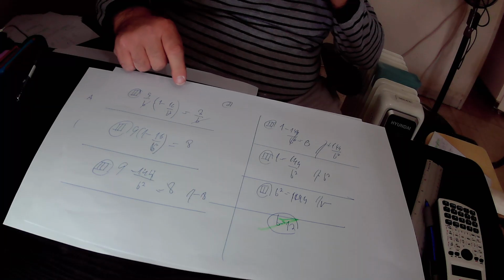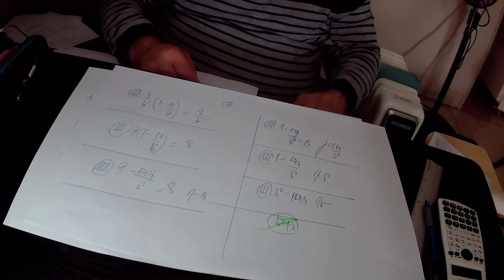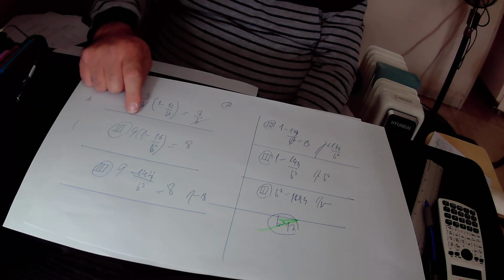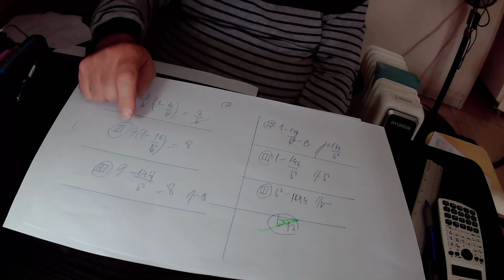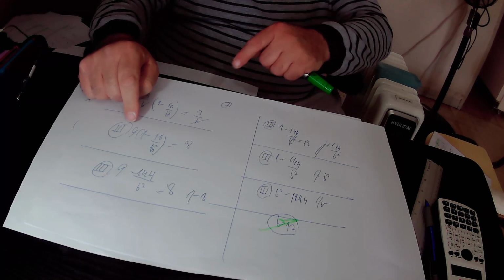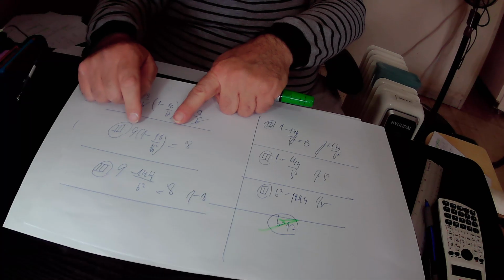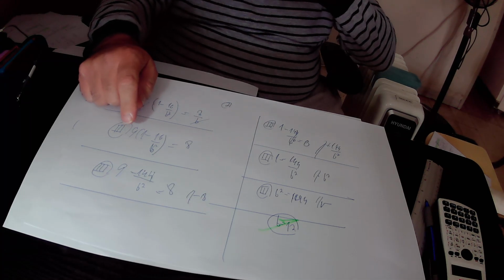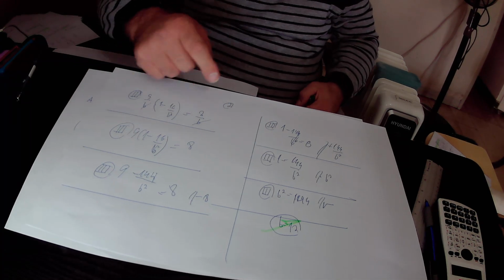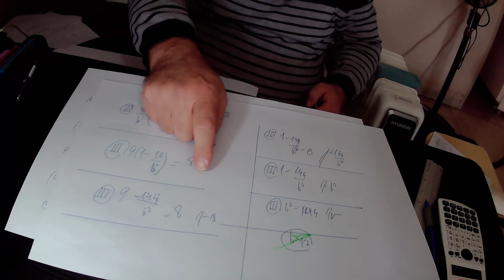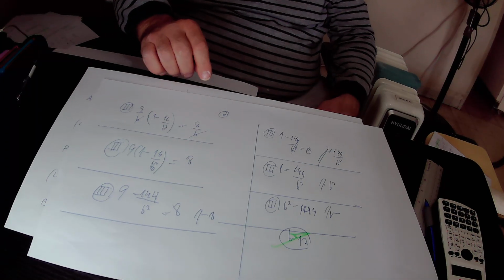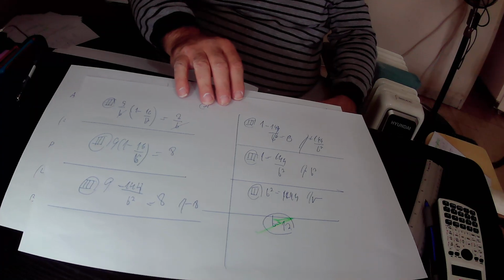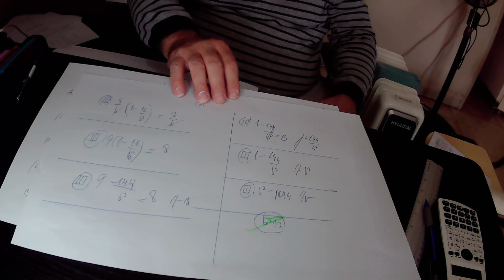On the other side we are left with 8. So we open the brackets here. We have 9 times 1 is 9, and 9 times 16 is 144 over b square equals 8.